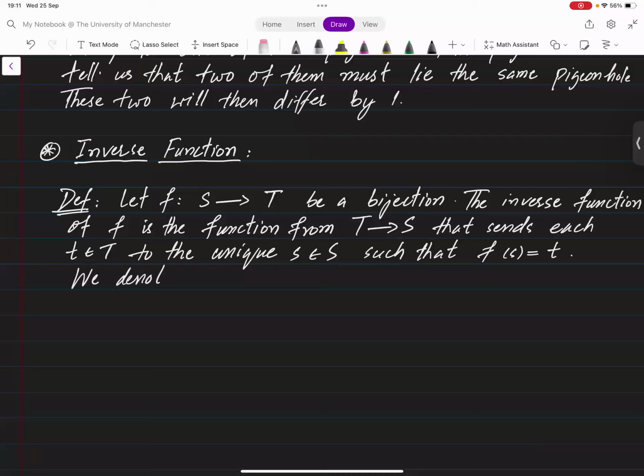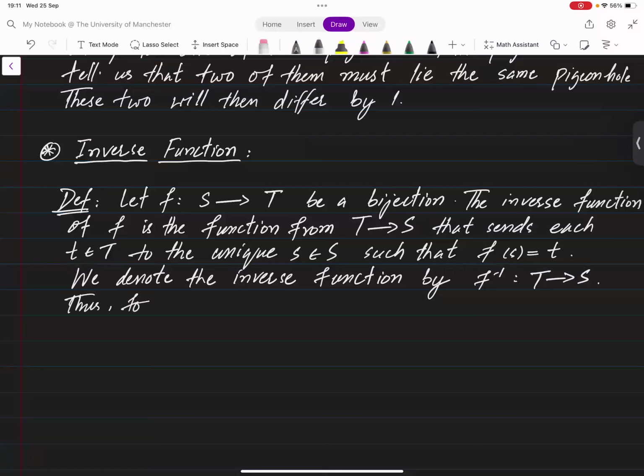We denote the inverse function by f inverse, that is T to S. Thus, for s in S, t in T, we can write f inverse of t is s if and only if f of s is t.